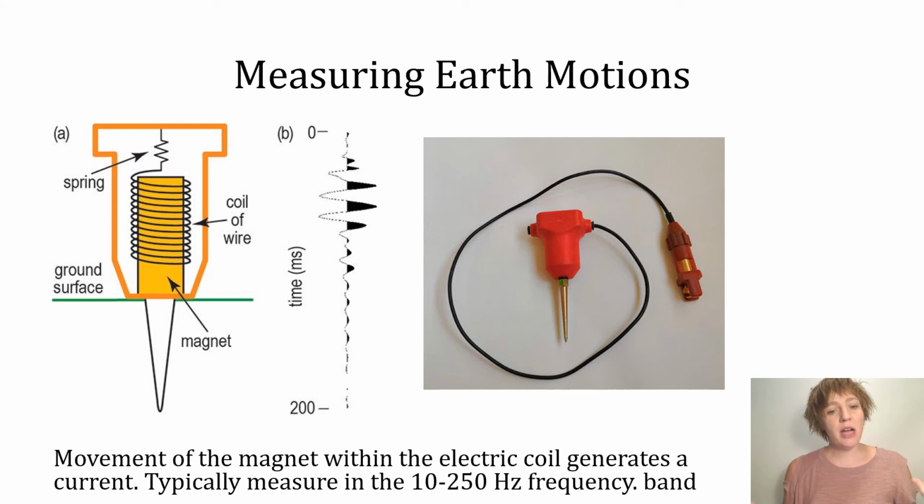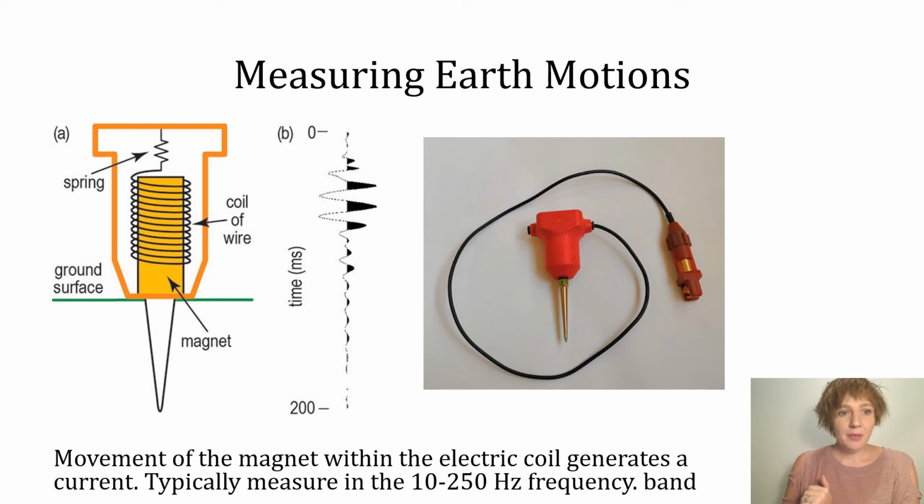And it turns out that when a magnet moves inside of a coil of wire, that moving magnetic field actually generates an electric field, and that means that there is current running through the wire, and we can measure the strength of that current and use it to tell us something about the motions of the ground.